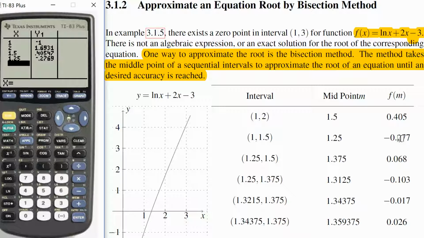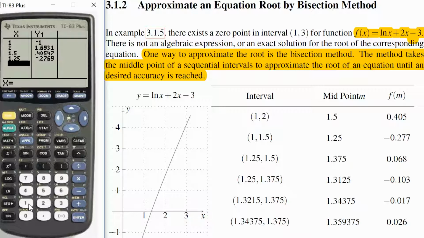Then you know 1.25 has a negative function value. So 1.25 is probably somewhere here, and you get a negative. So between 1.25 and 1.5, the root must be in between those two values. Then you choose the average of 1.25 and 1.5, which is 1.375.